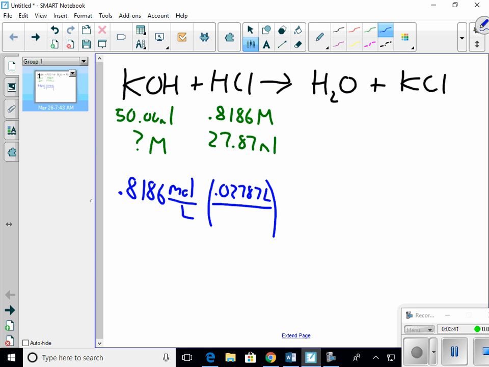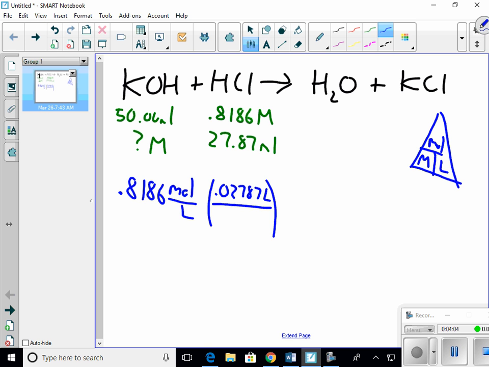Because if I take molarity times liters, what does that give me? Molarity times liters equals moles. Remember back from Chem 1, we would do this little triangle. Molarity times liters equals moles. That's all I'm doing in this step number 1.